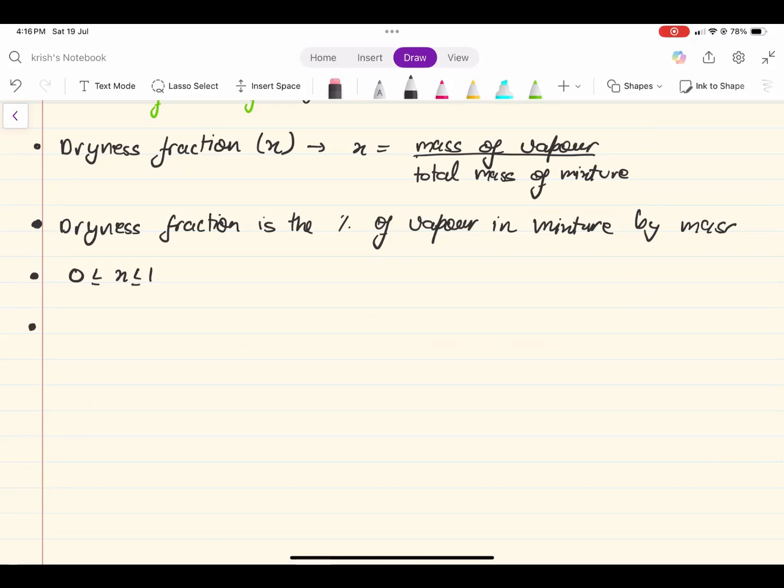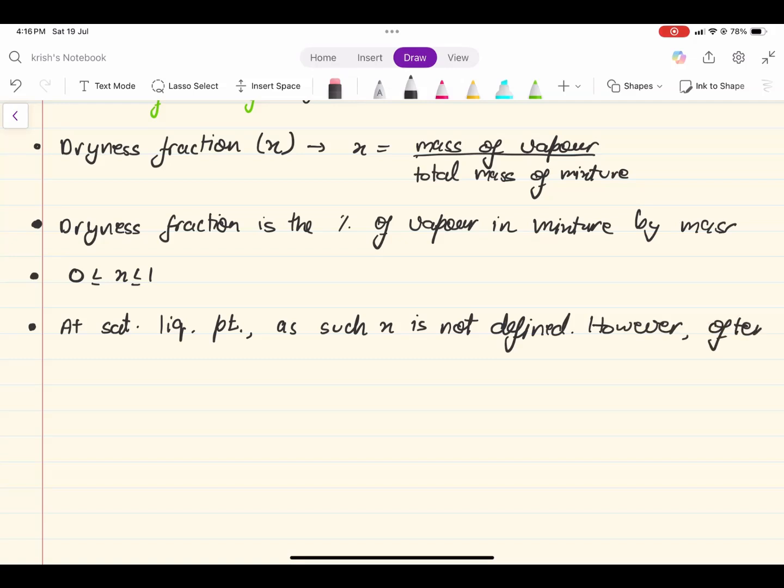Okay, now this is something that's a bit tricky. At the saturated liquid point, as such, x is not defined. However, we often say that x is 0. Similarly, at the saturated vapor point, I hope you remember what these points are.